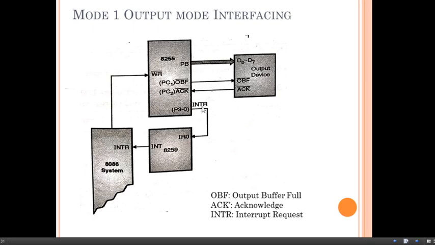In response to INTR, the CPU will write the data to the 8255's output port. That means once INTR is equal to 1 and it is received by the 8086, it will write the data on the output port of 8255. So these are the handshake signals used in mode 1 output mode of 8255.